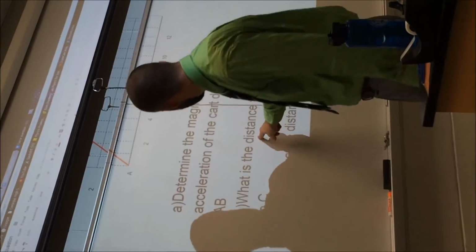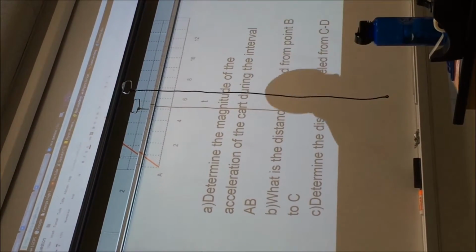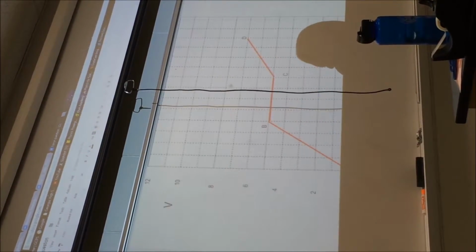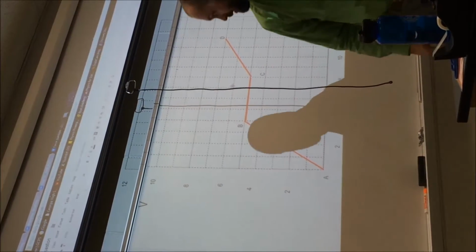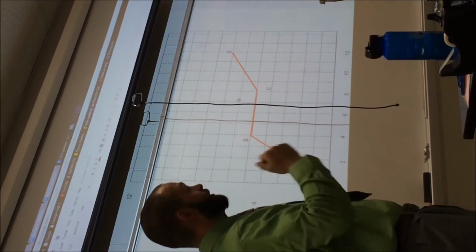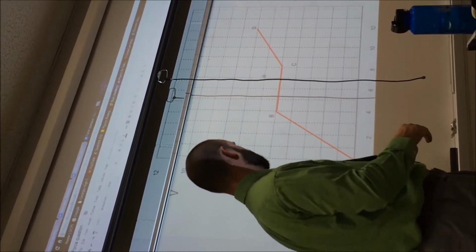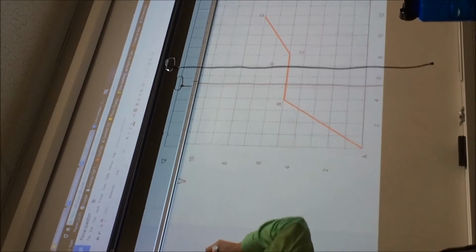So, what is the distance traveled from point B to C? If I look here, there are 3 ways I've taught you how to answer this question. This is B, this is C, right? Now I could break out my distance formula, one that looks like this.